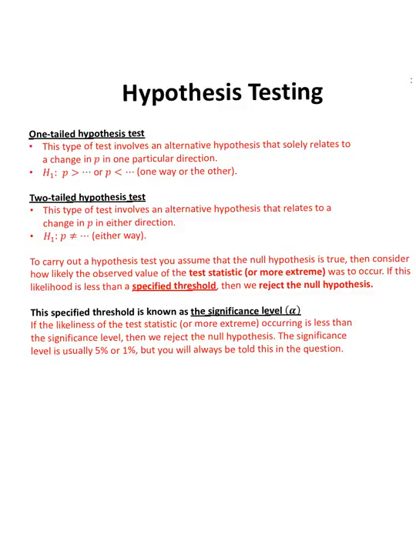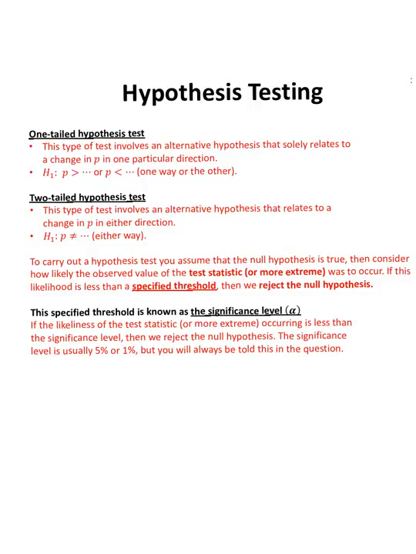So in that last example, the null hypothesis was P equals 0.65, so 65% of all patients are over the age of 60, and she thought that this was an underestimate, so she thought the probability was greater, so P was greater than 0.65. Or if she thought that it was an overestimate, we could have said that the alternative hypothesis was that P was less than that. So ones where we've got an inequality is what we call a one-tail test.